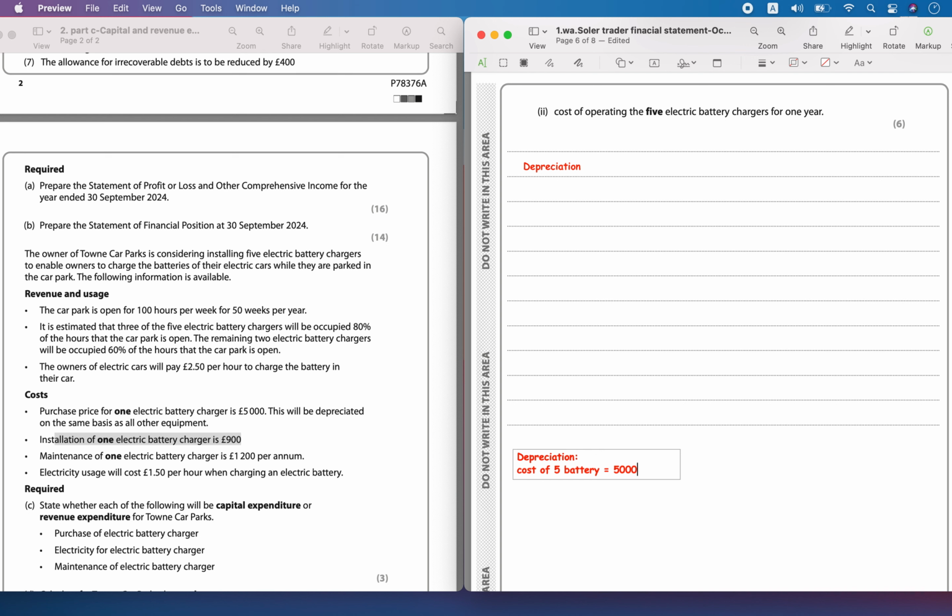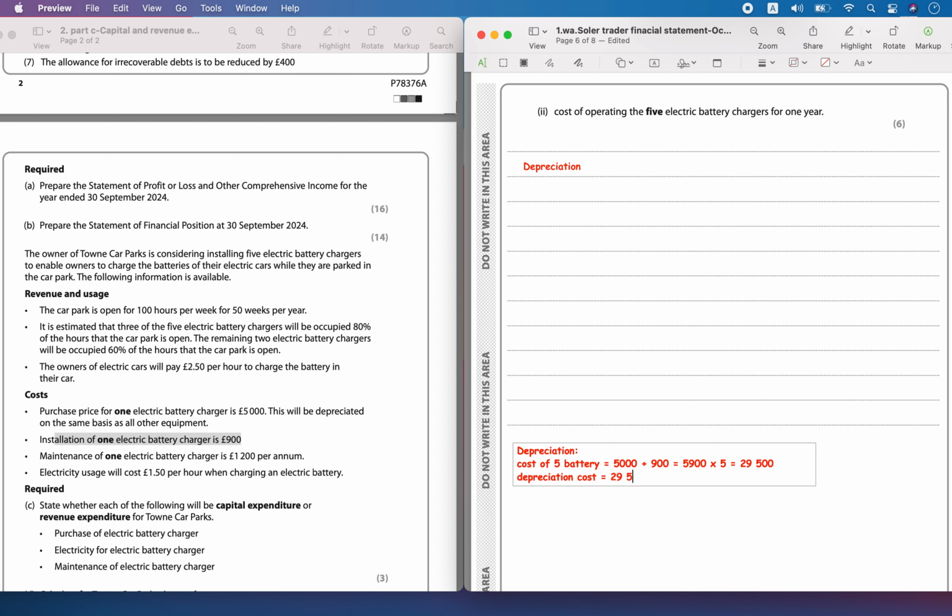The purchase price of 5,000 plus 900 installation is a one-time cost, a capital expenditure, so that is 5,900. For 5 chargers, the total cost is 29,500.